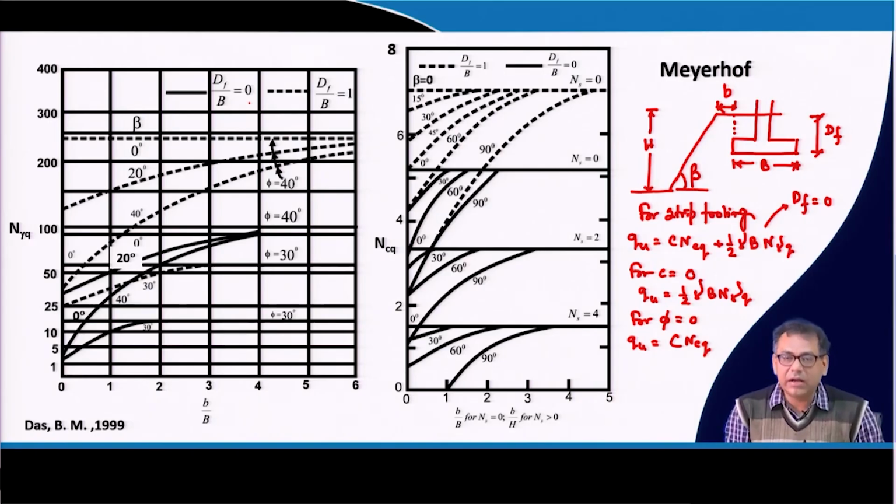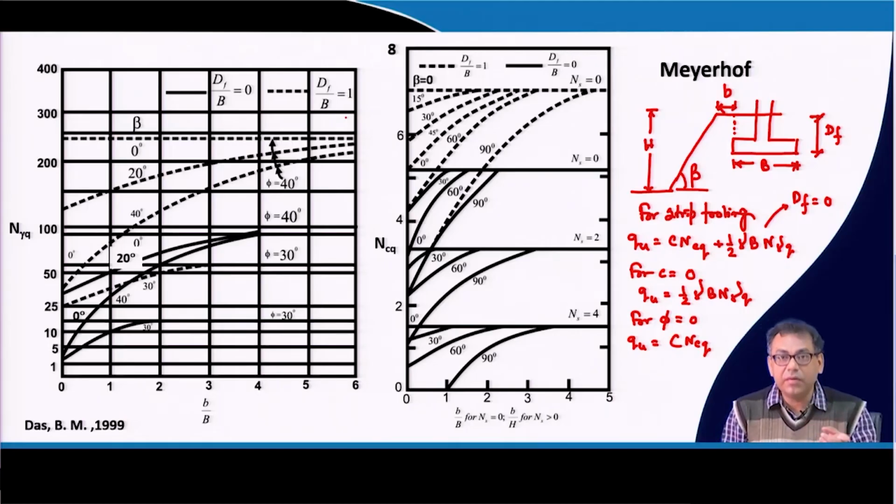But if your foundation is not on the surface but at some depth D_f, then you can also use this expression by using the factors proposed for D_f/B equal to 1. So the two cases are given: one is D_f/B equal to 0, when the foundation is on the slope, and another is D_f/B equal to 1.